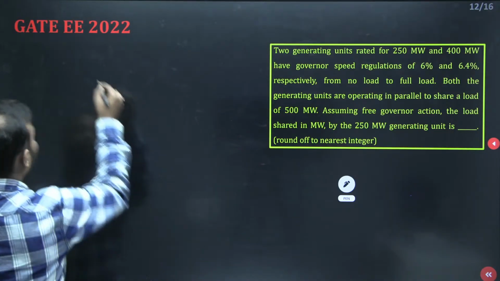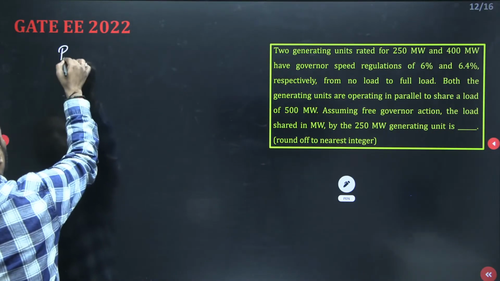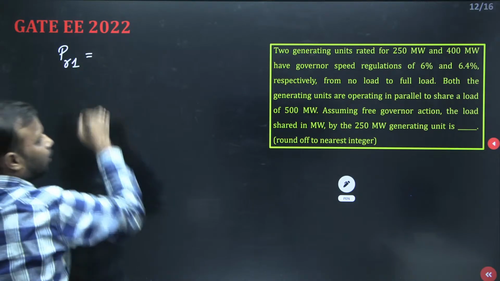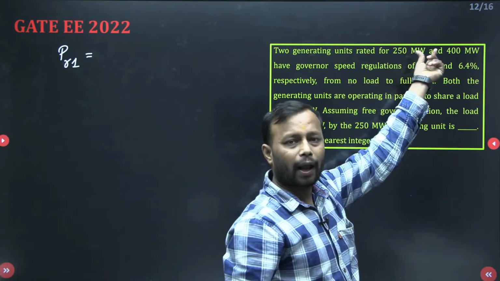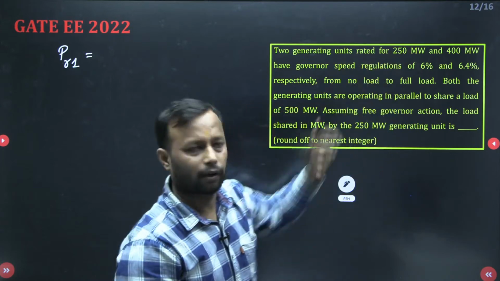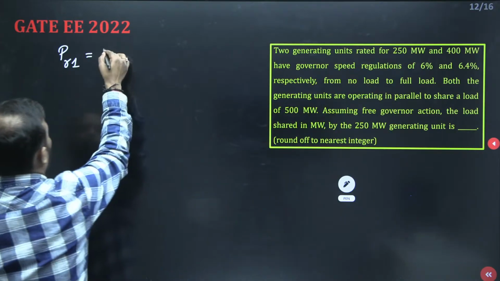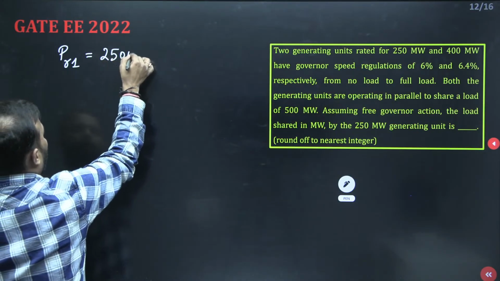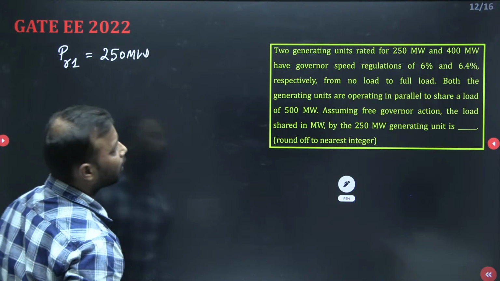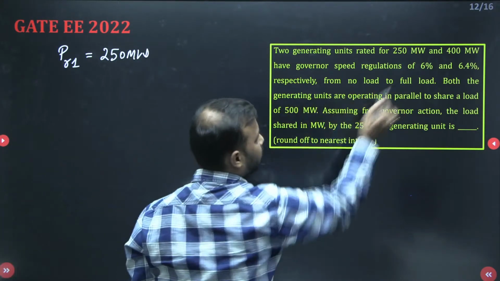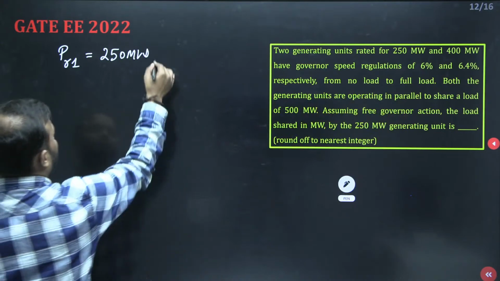So the rated value PR1. Let me take this 250 megawatt as generator 1. This is the rated value 250 megawatt, whose droop characteristic or speed regulation is 6%.